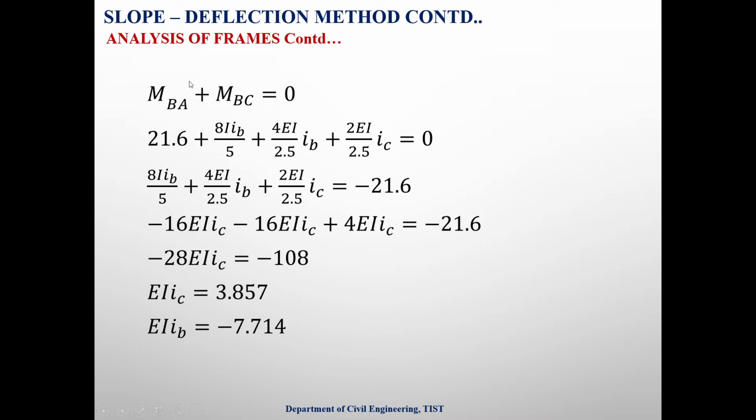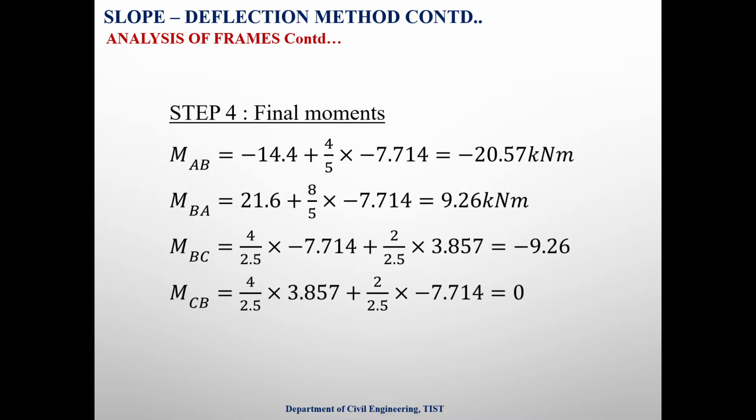The second one is M BA plus M BC is equal to 0. We know the equations for M BA as well as M BC, and substituting them here, we will get the second equation. Then solve these two equations, and we will get EI theta B and EI theta C. After getting them, substitute in the slope deflection equations, then we will get the final moments.